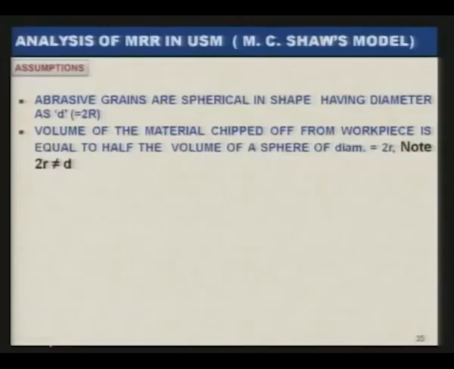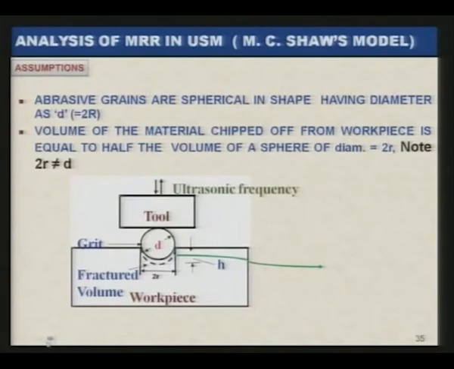The second assumption which is important to note is that the volume of the material chipped off from the workpiece is equal to half the volume of a sphere of diameter equal to 2 small r. Here please note that this 2 small r is not equal to the diameter of the sphere, 2r is something different.